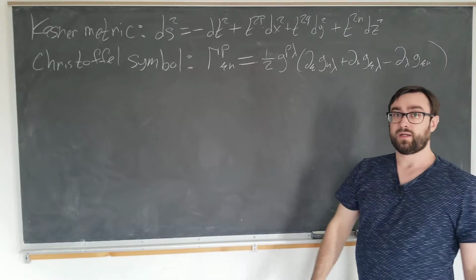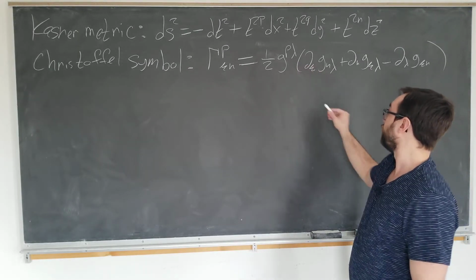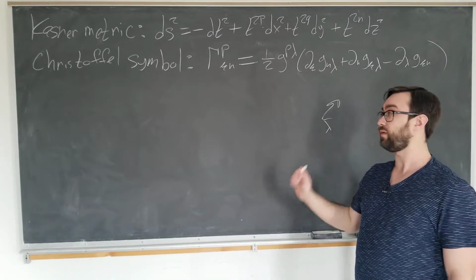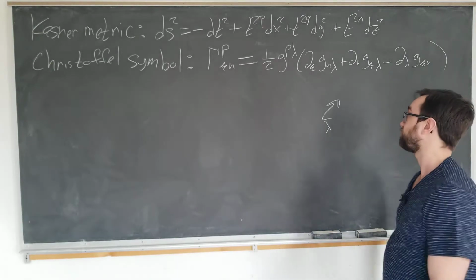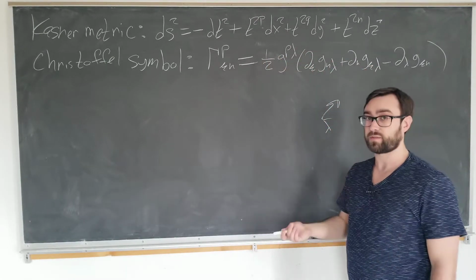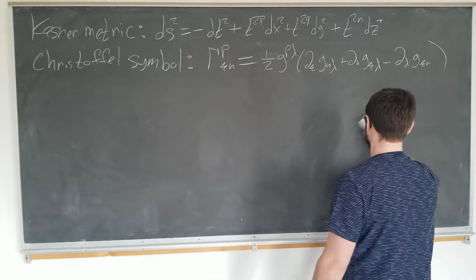Now, according to our Einstein summation convention, there's only one index that's summed over. So this really should be written as a sum over lambda of the previous expression. But I'm not going to write it because I'm lazy. But notice the other indices, rho, mu, nu, are fixed values. And let's proceed in calculating some bad boys.